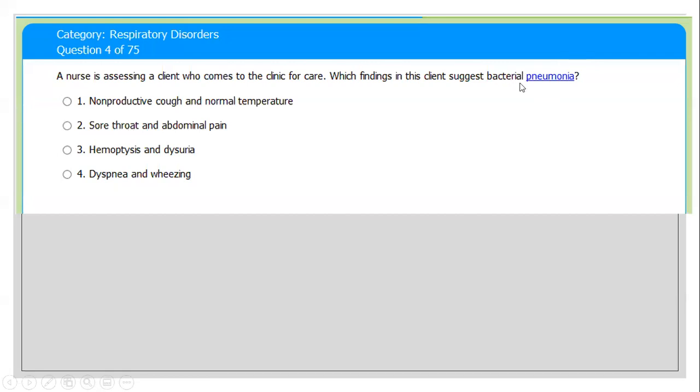Pneumonia is an infection of the air sacs in one or both lungs, characterized by severe cough with some excess secretion, and the patient presents with fever, chills, and difficulty breathing. They ask which findings suggest bacterial pneumonia, meaning signs and symptoms of bacterial pneumonia.